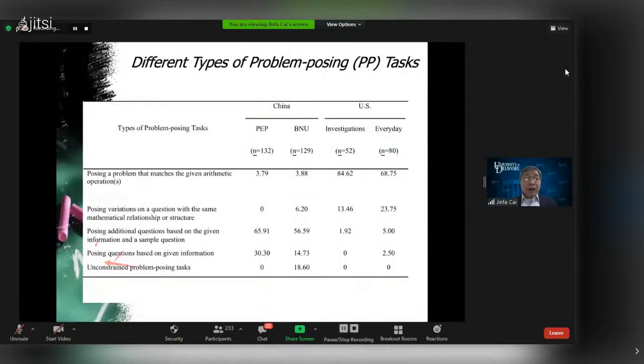Then we also look at the kind of problem posing activity involved. We divided them from the more closed to more open. This one says, posing a problem that matches the given arithmetic operation.